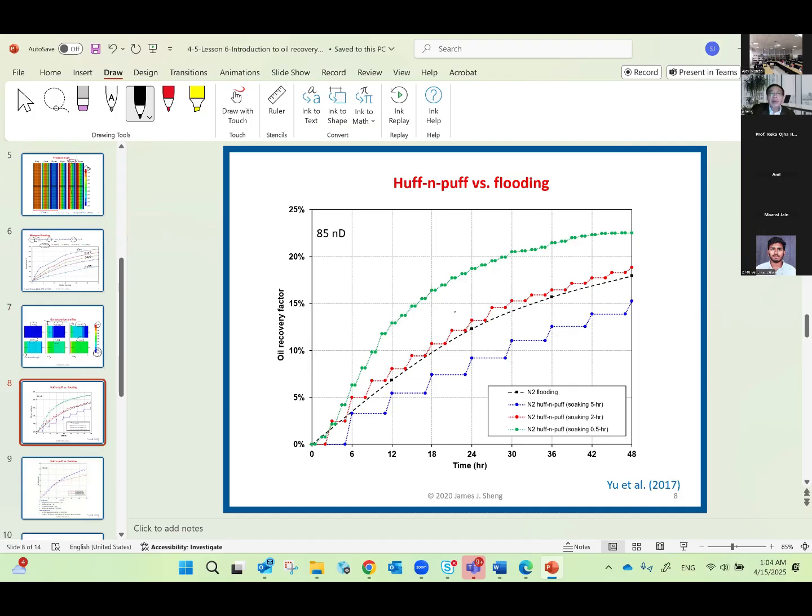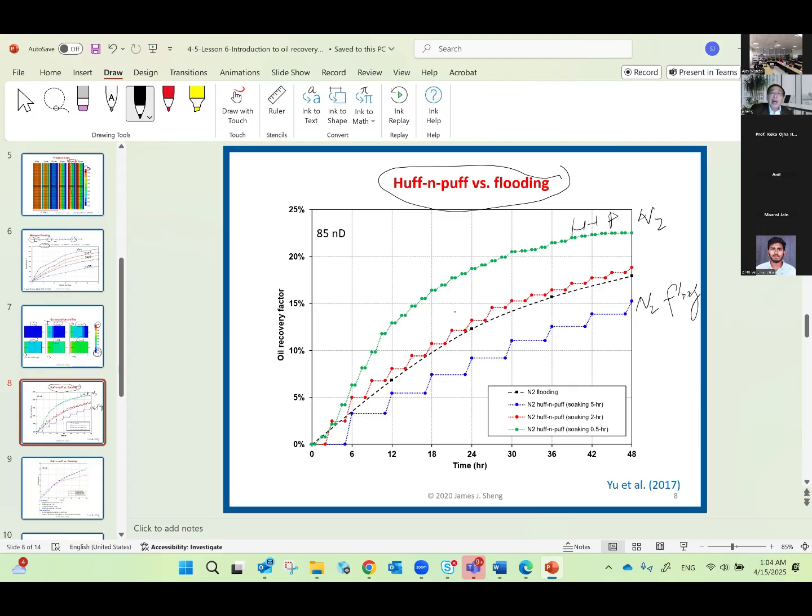Okay, so therefore, now let's compare Huff-n-Puff versus flooding. So here is Huff-n-Puff, and this is nitrogen. And here is nitrogen flooding, because this is flooding.